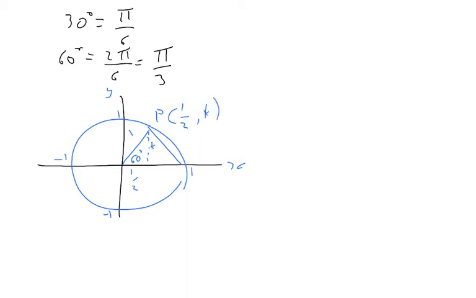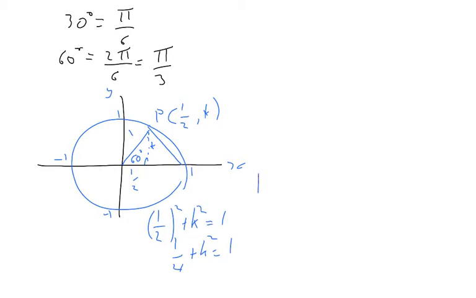Now, we know we've got a right angle triangle there, so we're going to use Pythagoras' theorem again. So we have a half squared plus K squared equals 1. So that's 1 over 4 plus K squared equals 1.